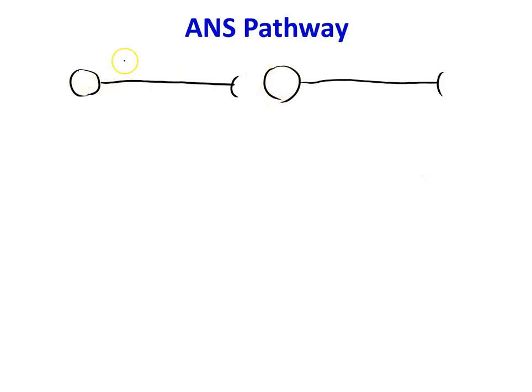Now, this first neuron, we're going to call this the preganglionic neuron, okay? And the preganglionic neuron's cell body is always going to reside in the CNS.